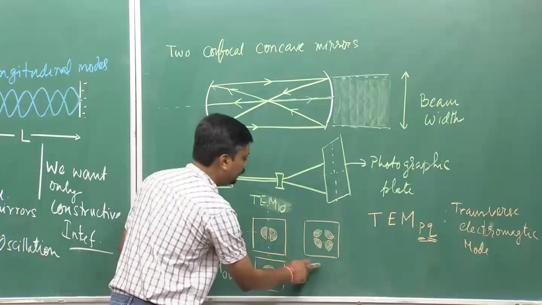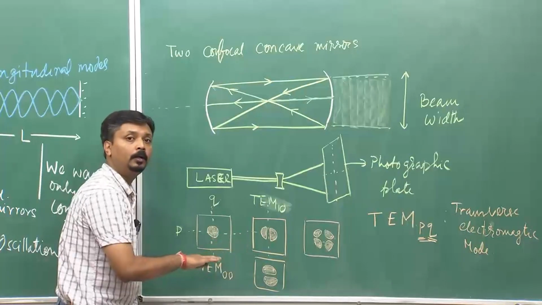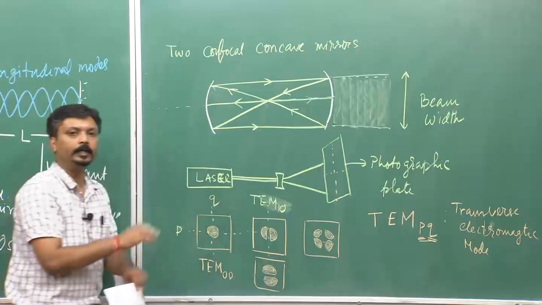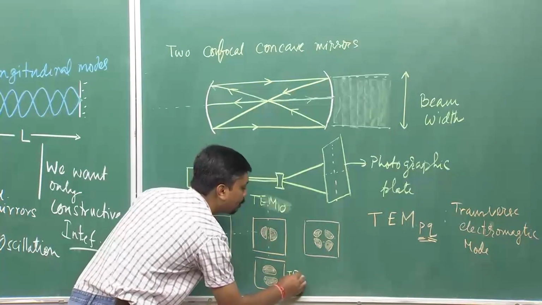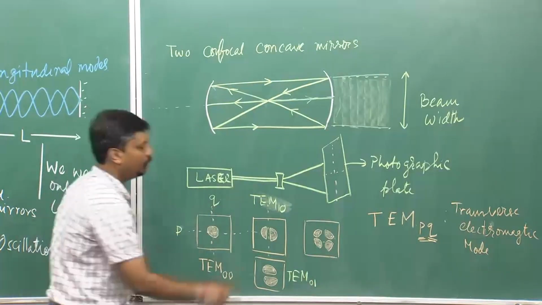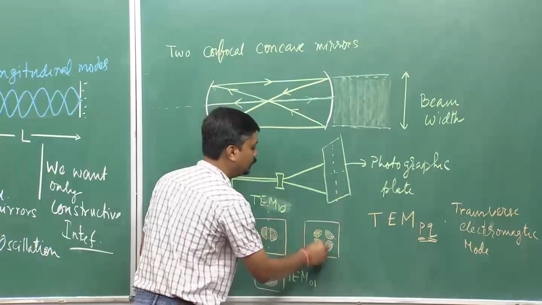Now, what happens in this case? You can see this is just flipped on the other plane, other direction. So, this one will be TEM01. Now, this one you should be easily figuring out what mode this is.